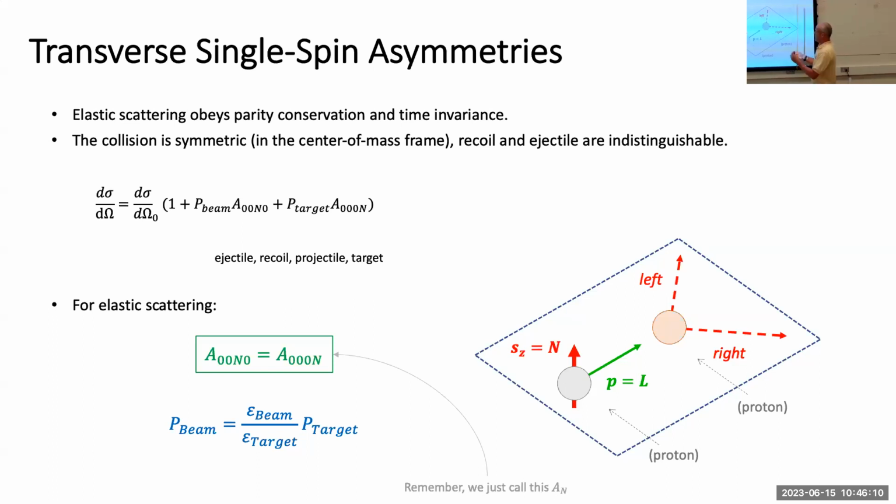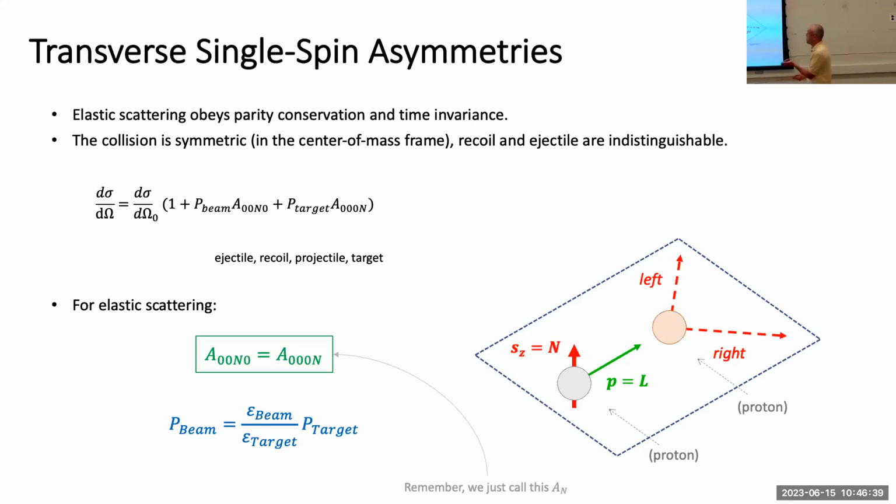So we can think of an experiment where we have the polarized beam on an unpolarized target, measure the asymmetry, and we can have a polarized target with an unpolarized beam, and we measure the asymmetry. When we compare those two measured asymmetries, we take the ratio, the asymmetry of the beam divided by the asymmetry of the target should be the same as the beam polarization divided by the target polarization.